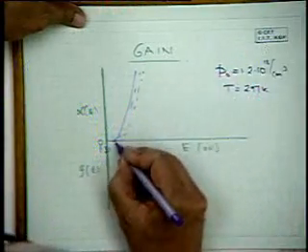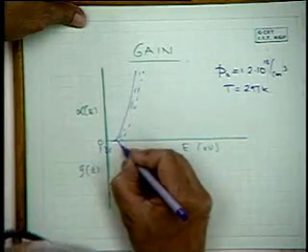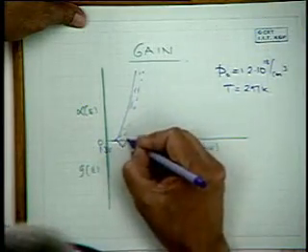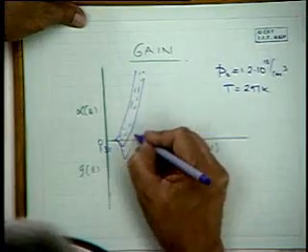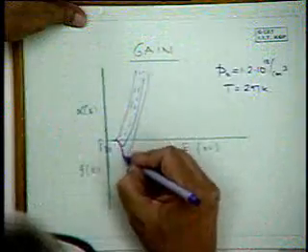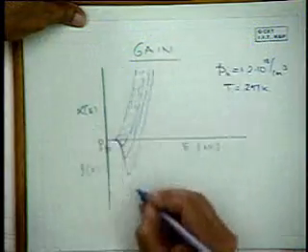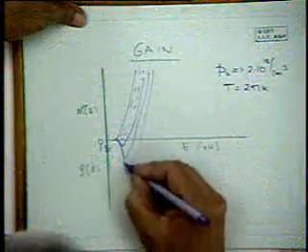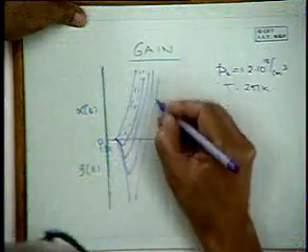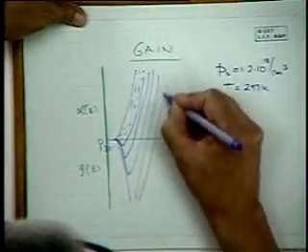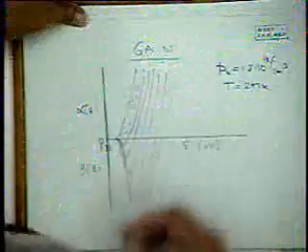As you start injecting carriers, you start getting a little gain, followed by absorption. And thereafter the gain will peak, and you will get a spectrum like that.